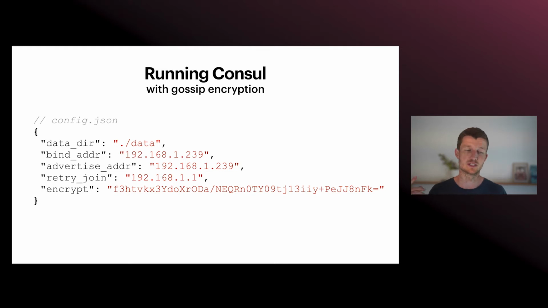Gossip protocol is a membership protocol that every Consul agent participates in. These are Consul clients and Consul servers, and they are all treated equally. This layer is for communicating and discovering healthy and unhealthy nodes.